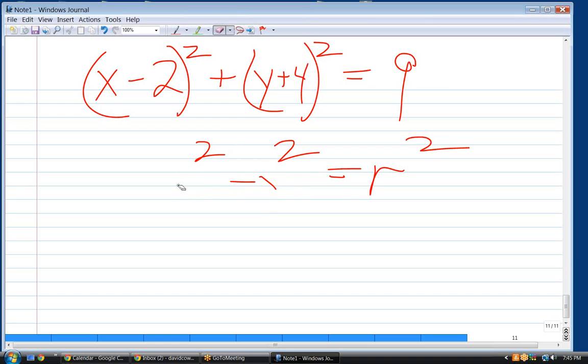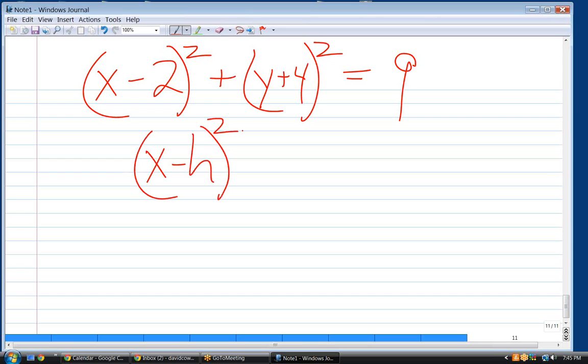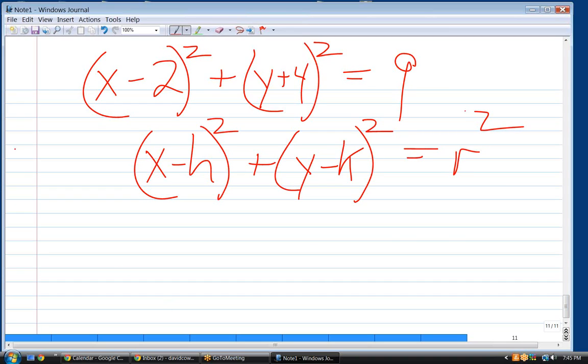The more robust equation of a circle anywhere is (x minus h) squared plus (y minus k) squared equals r squared. This is the equation of a circle anywhere, where the center of the circle is h, k.